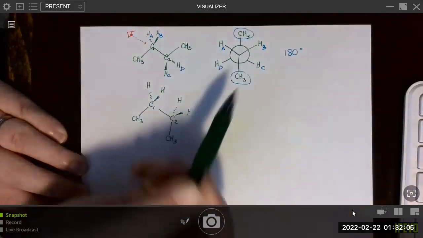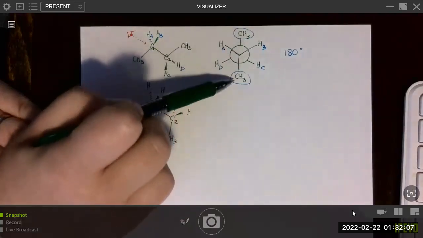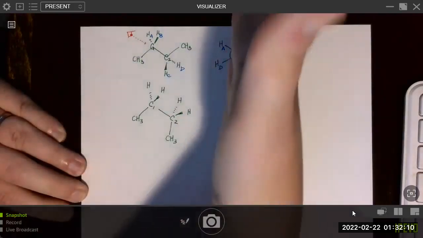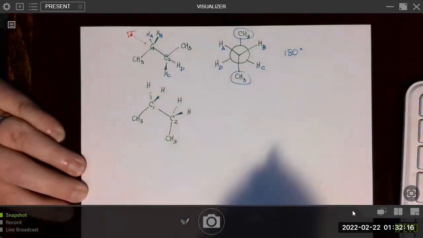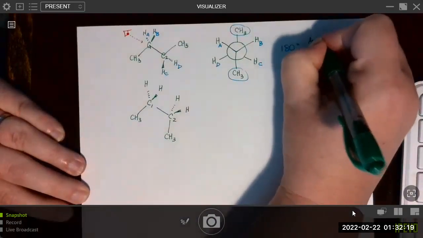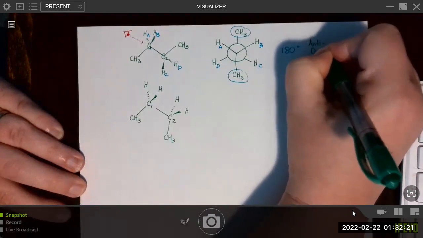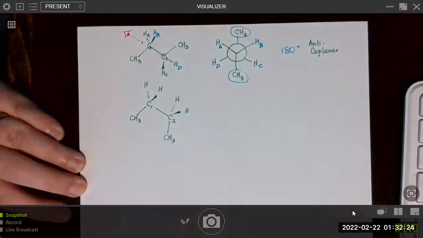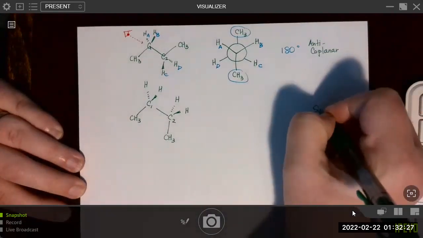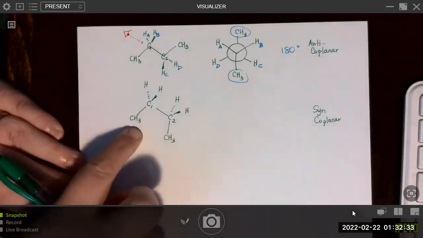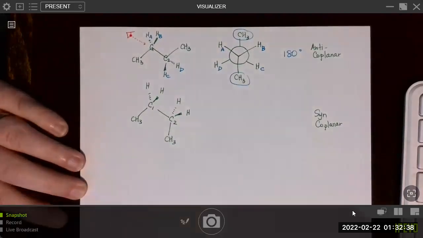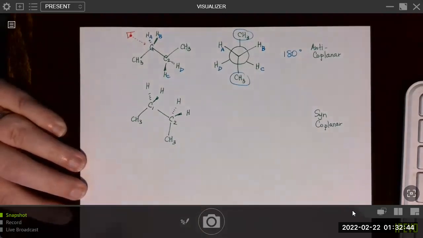Another way to think of it is we call these two groups anti-coplanar because they're in the same plane, and they're opposite, so we say this is anti. Sometimes you'll see this referred to as anti-coplanar methyl groups. And then this would be the syn coplanar, because they're again in the same plane, but on the same side as opposed to on opposite sides, which is meant when they say anti.